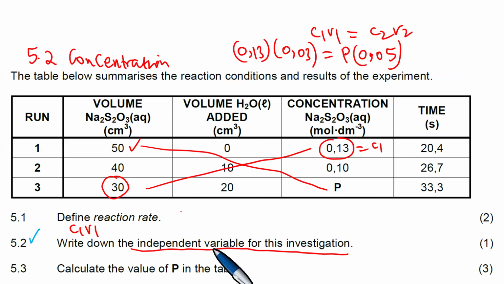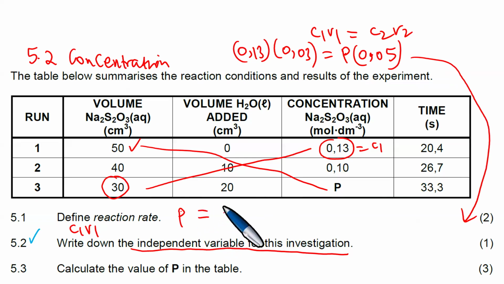We cross multiplied, because concentration 1, which is 0.13, relates to volume 1, which is 0.03, and then concentration 2, which relates to P. Which means P is the same as 0.13 times 0.03 divided by 0.05. Let's use a calculator just to check the answer.